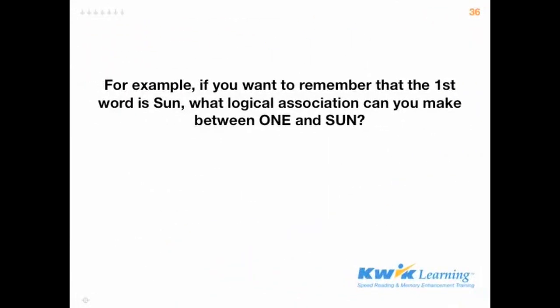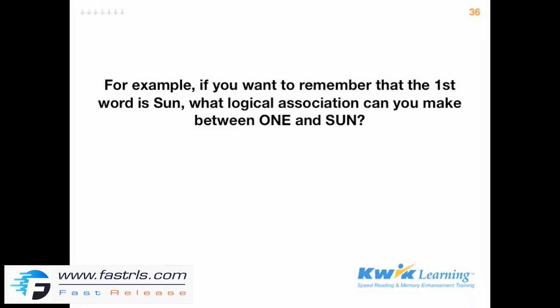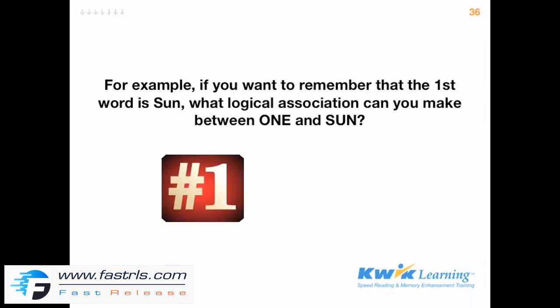For example, if you want to remember that the first word that I gave you to memorize is sun, what are the logical or basic associations you can make between the number 1 and sun? You could say 1 kind of rhymes with sun, they sound alike, good. You could say 1 and sun both have 3 letters.